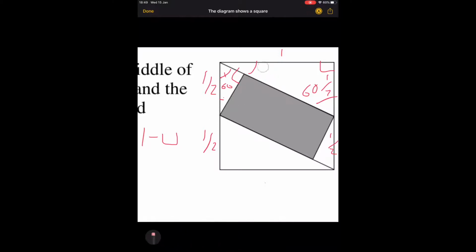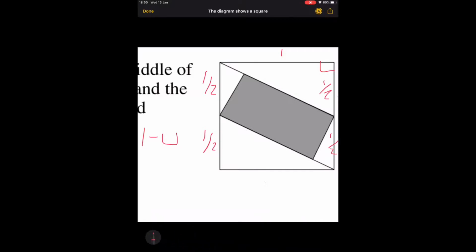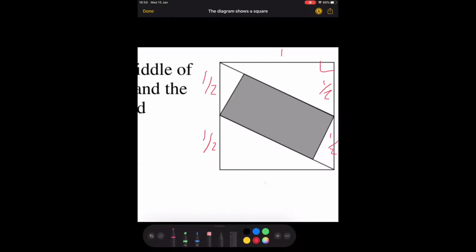So now we know they're similar, we can create fractions to find the areas of the white triangles. The hypotenuse of our larger triangle would be the square root of 1 squared plus half squared, which is the square root of a quarter plus 1, which is root 5 over 2.